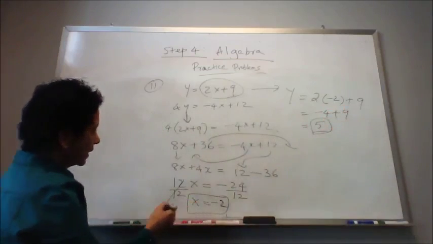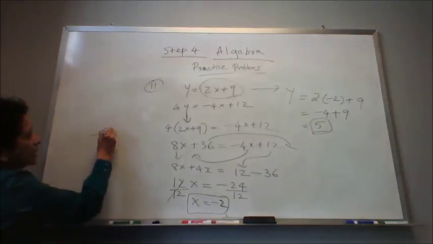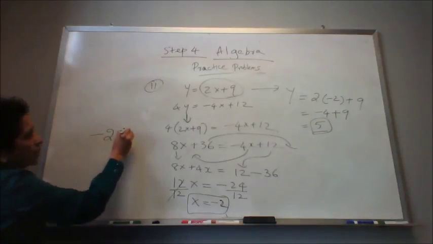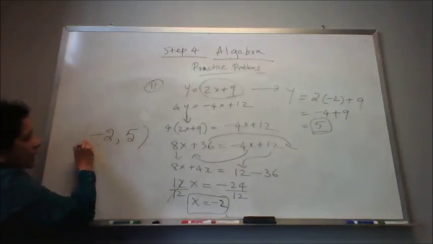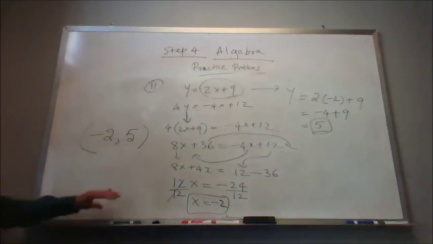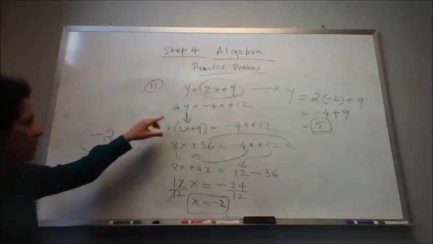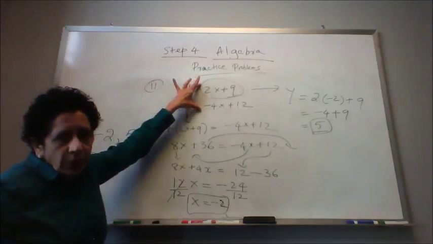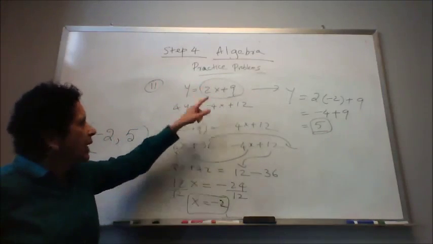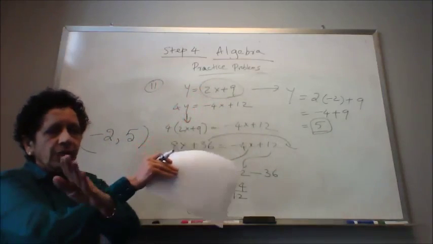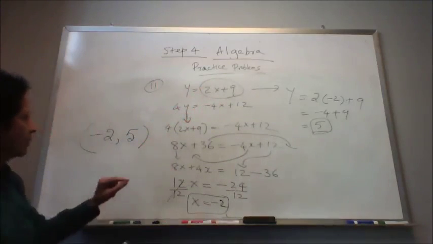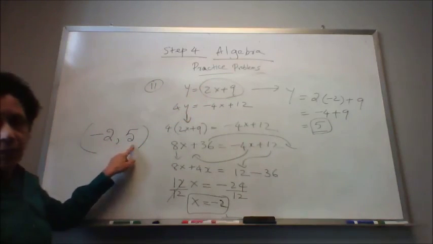So what this is telling me is that when x equals minus 2, y equals 5, so that is the ordered pair, and that is a solution. So that means that when x is minus 2, y is 5, that satisfies these two equations. Another way of saying that, when you draw these two lines, when they crisscross, the point of intersection is minus 2 comma 5.